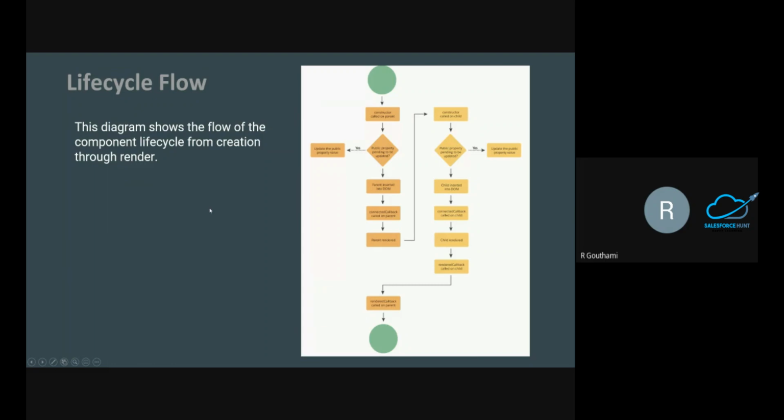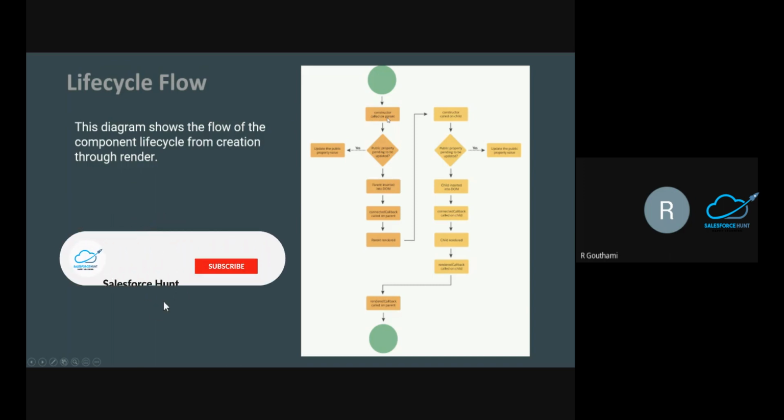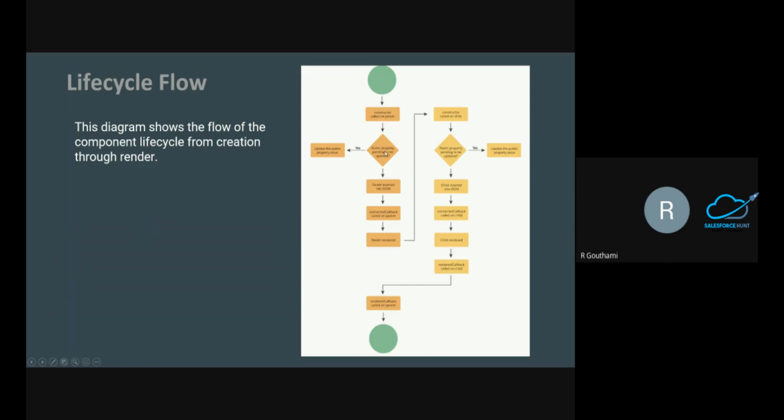To understand how the flow works, we'll assume two components: one is the parent component and the other is the child component. Whenever a Lightning component is called, firstly the constructor is called on the parent. Once the constructor of the parent is called, the public properties are set, and any updates or events on them happen here.